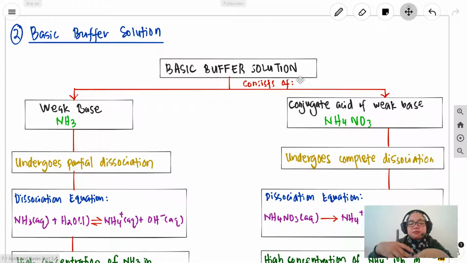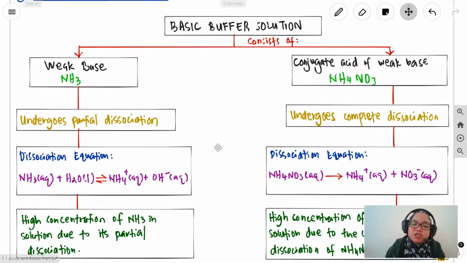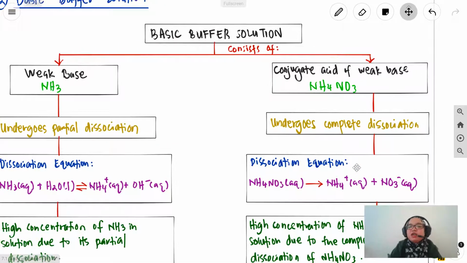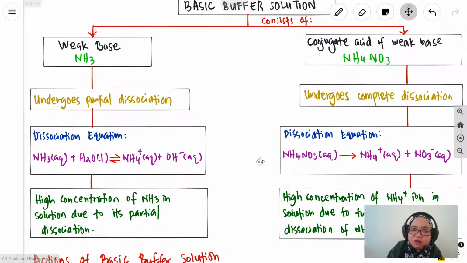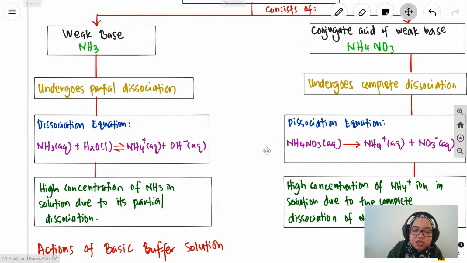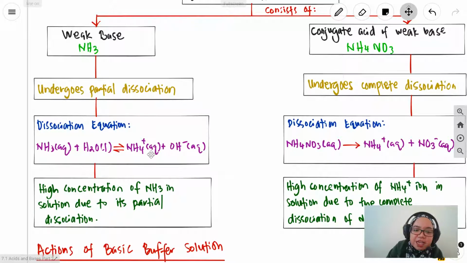The weak base, as usual, will undergo partial dissociation and the conjugate acid will undergo complete dissociation. So the weak base, which undergoes partial dissociation, will form NH4 plus and hydroxide ion.